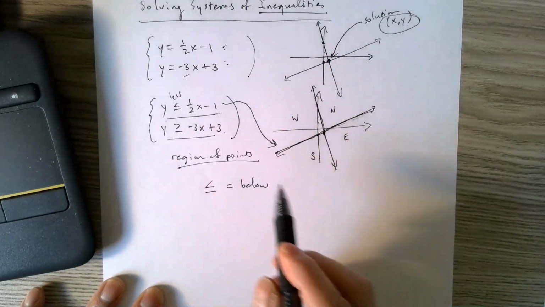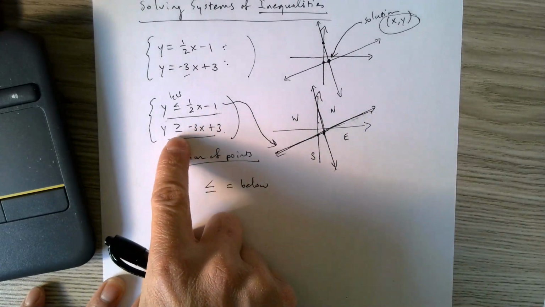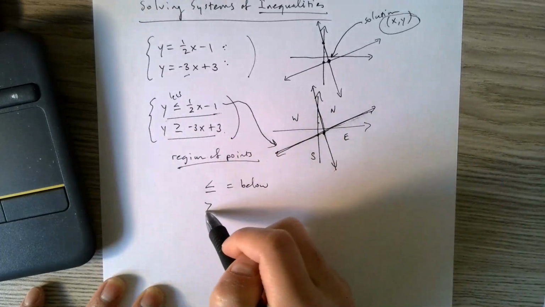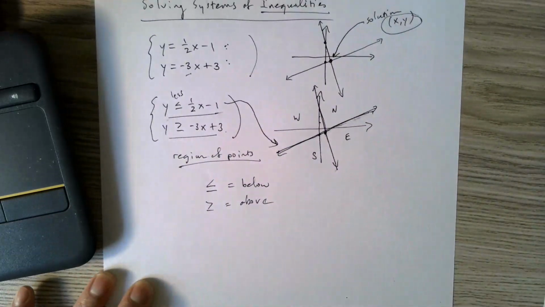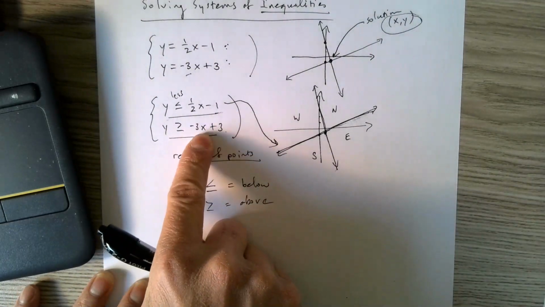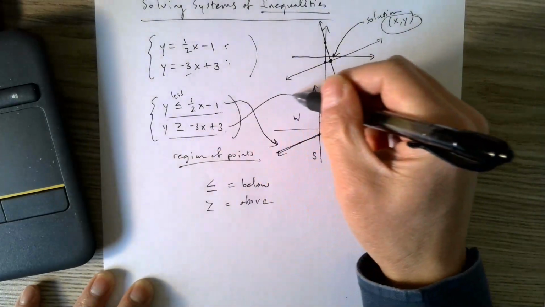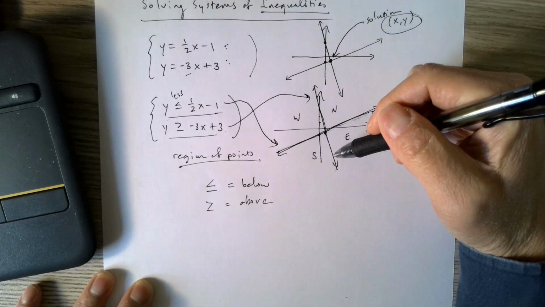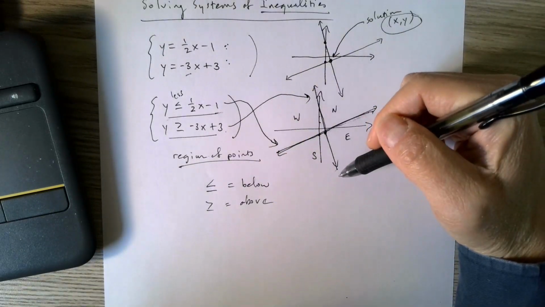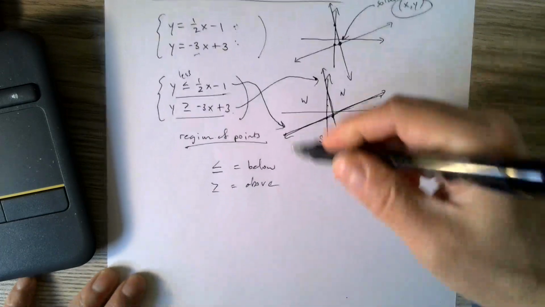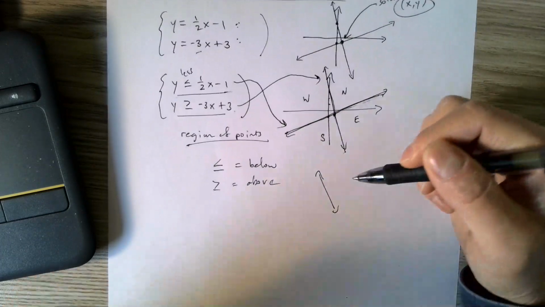The second one says greater than or equal to. Greater than or equal to means above. Greater than or equal to this line, that would be the steep line with the negative slope. I need to shade above this line. Now, for a negative slope line, what does above mean?